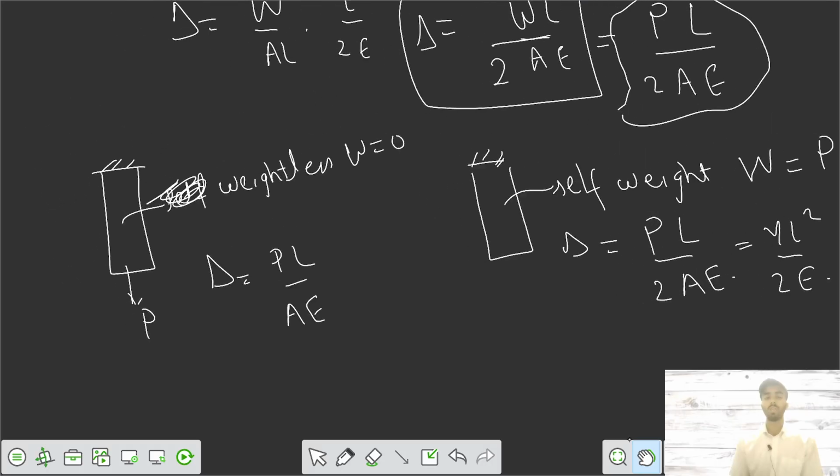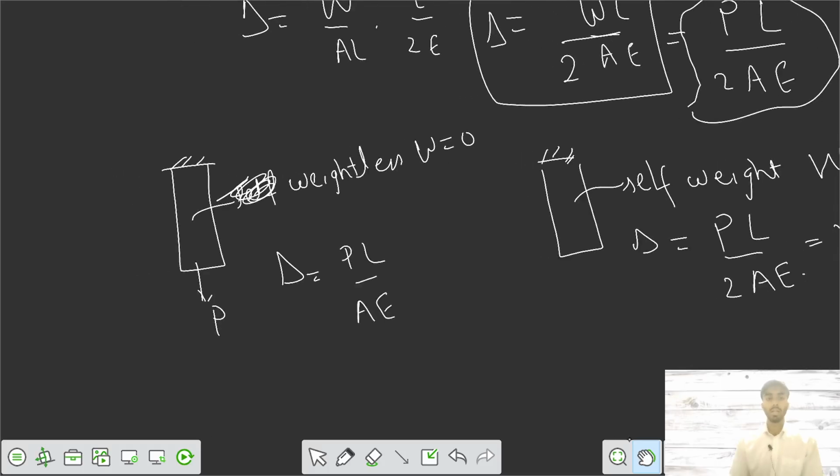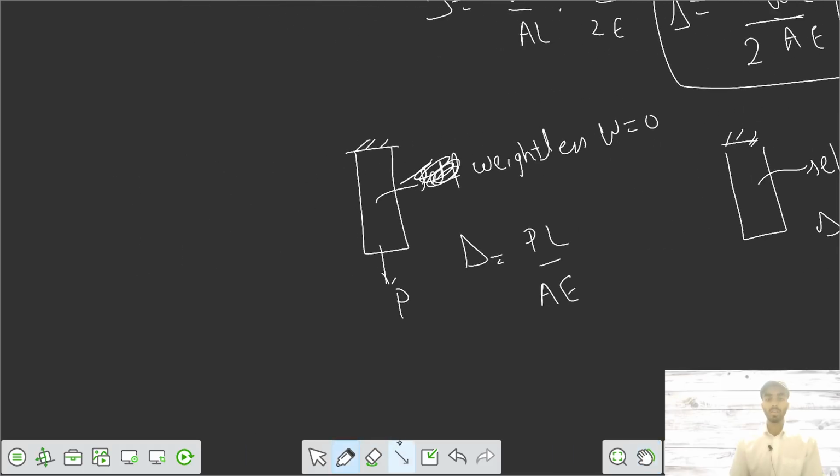But see the difference in this one. If you cut any section, say at any x, your P is not varying. Take any section, say this one. If P is applied here, it has to be balanced. For this part, P is applied here, it has to be P here.